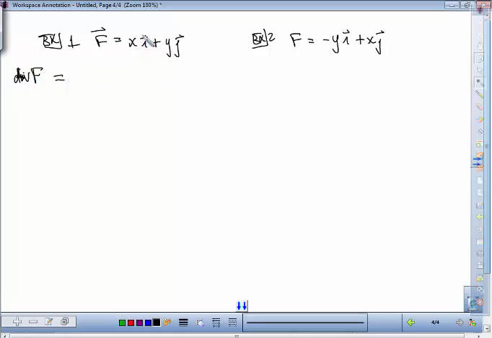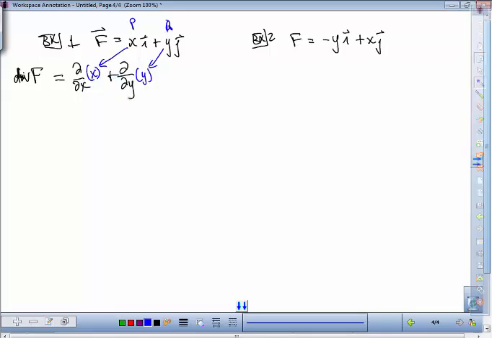Div of F is the derivative of x with respect to x, partial of p, this is p, and this is q, plus the derivative of the q function, y, with respect to y.